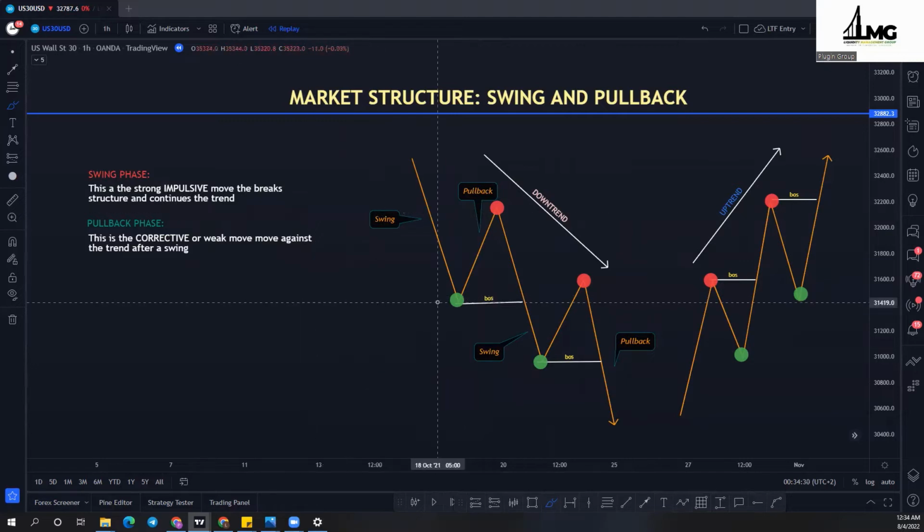So since we see that price makes highs and lows, the movement that breaks the lower low of the trend is called a swing, right? And I've just defined the swing here. So a swing is a strong impulsive move that breaks structure and continues the trend, right?